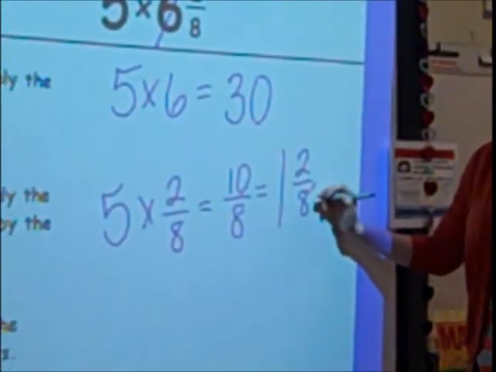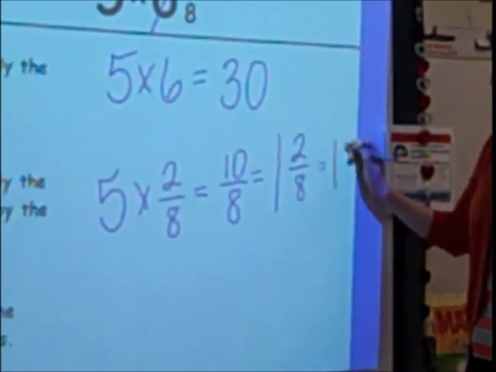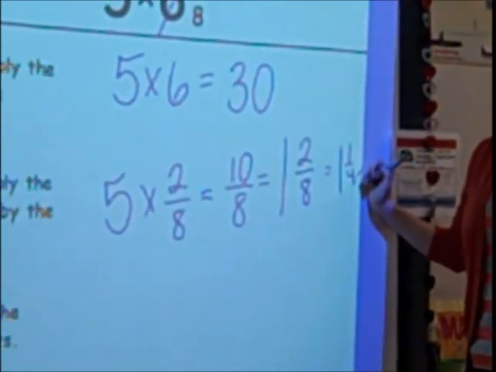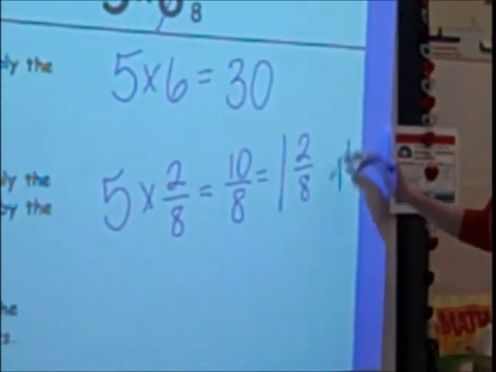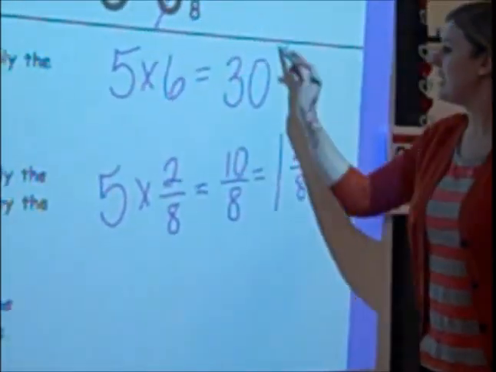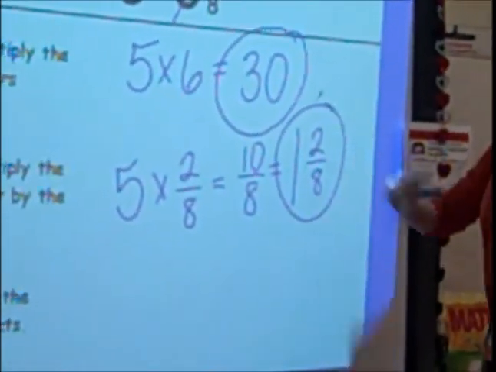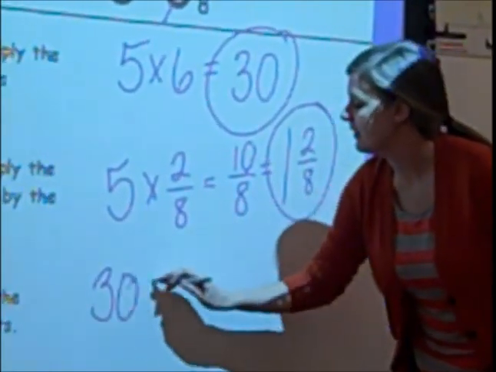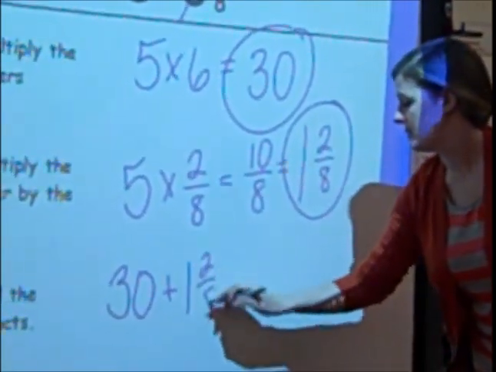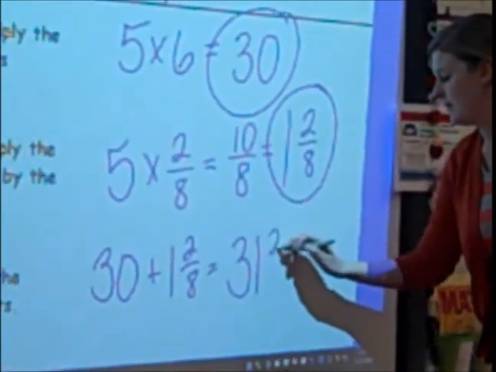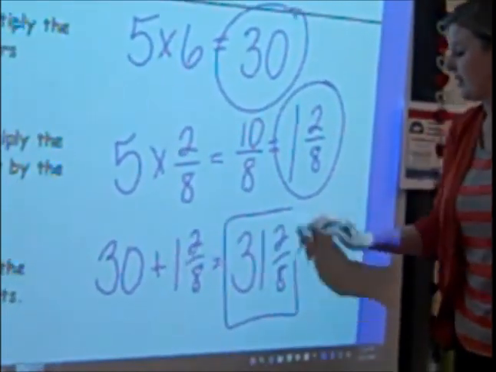For the advanced friends, they would have to say 1 and 1/4. Okay? And then you take your partial products and add them together. And that's your final answer.